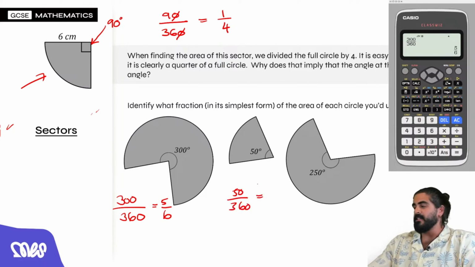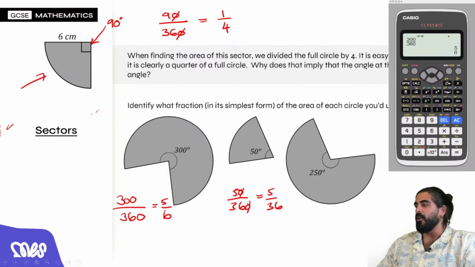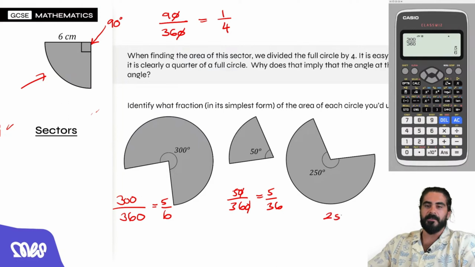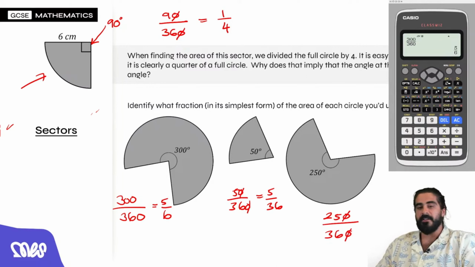This one's nice and easy to simplify because you can only cancel the zeros, right? So it's 5 over 36 of a full circle. And then the final sector, we're doing 250 divided by 360. And then again, nothing else really cancels there. You have 25 over 36.